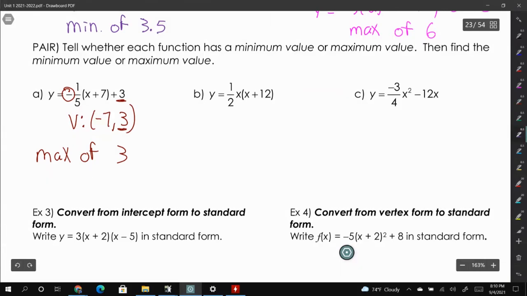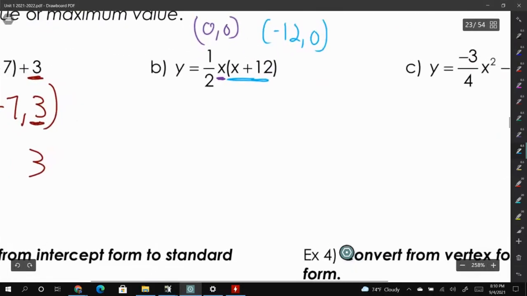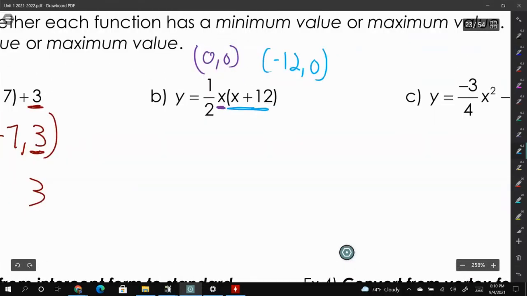Letter B is in intercept form. This right here gives us an intercept of 0, 0. x plus 12 means we have one at -12, 0. So the x coordinate of our vertex is going to be halfway in between, so x equals -6. Then we're going to plug in -6 for x.